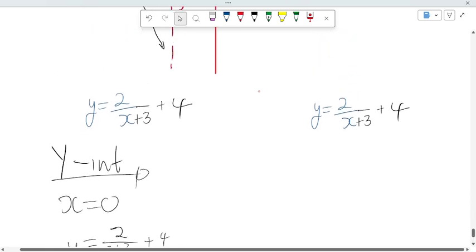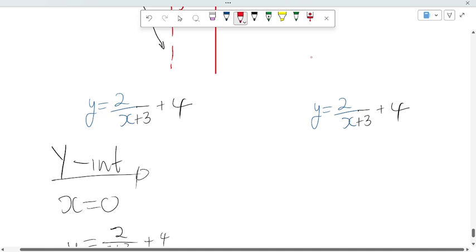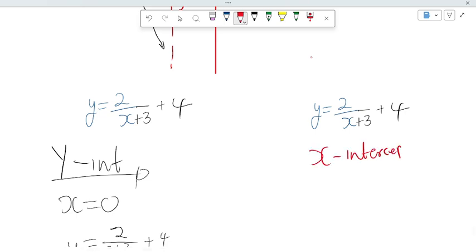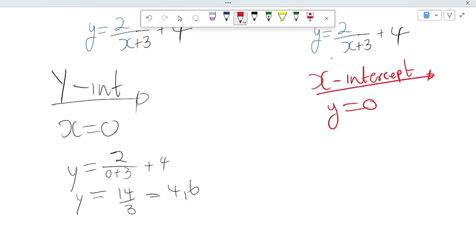And then to find B, where is the x-intercept? What do we do? We're looking for the x-intercept, so we set y is equal to 0. Then the equation is 0 is equal to 2 over x plus 3, plus 4. Take the 4 to the other side, negative 4.